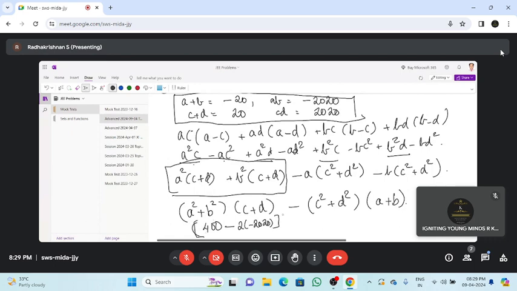This is the first term, into C plus D. Similarly, minus C square plus D square, which is C plus D whole square minus 2CD, into A plus B.